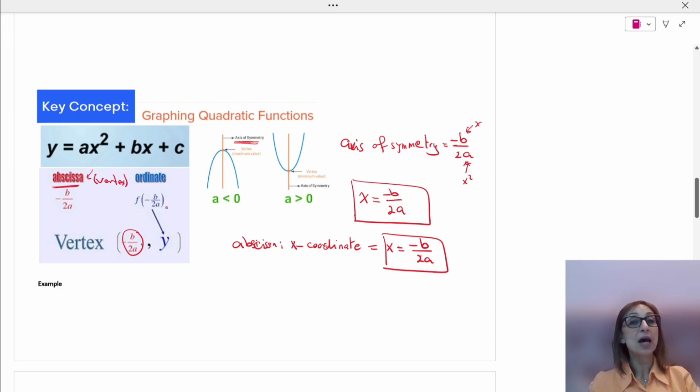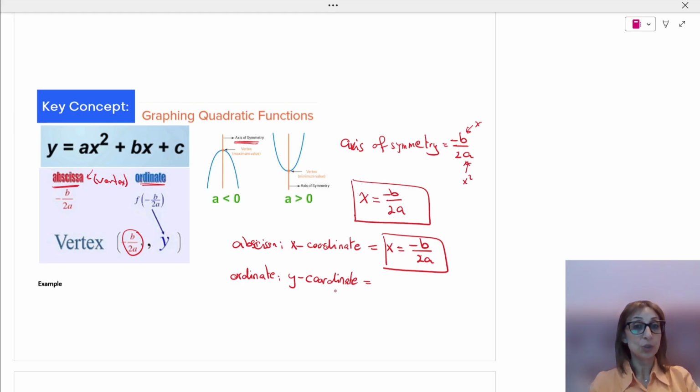Now to find the y of the vertex, we have a name for it. It's called the ordinate. The ordinate of any point is the y coordinate of this point. To find the y of the specific x that we have, we are going to substitute the value of negative b over 2a in the equation.